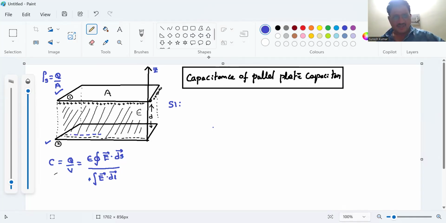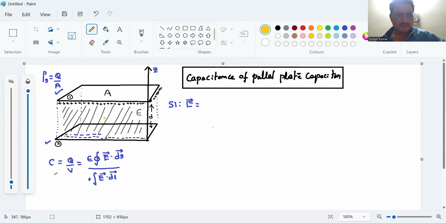Okay. Now in step 1, initially I am going to find out the E, that is the electric field intensity between these two plates. If you consider the electric field intensity at this point, this point is in between the two plates.